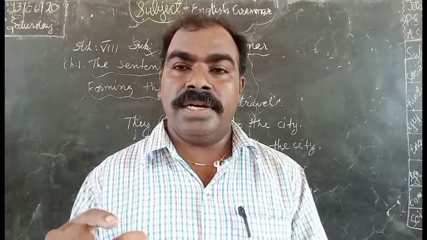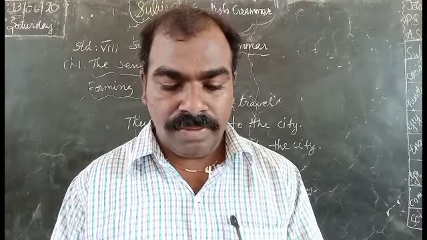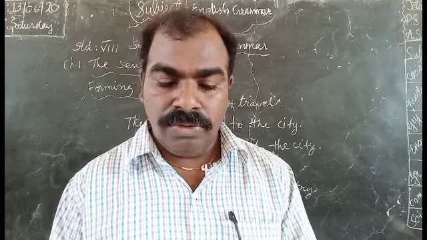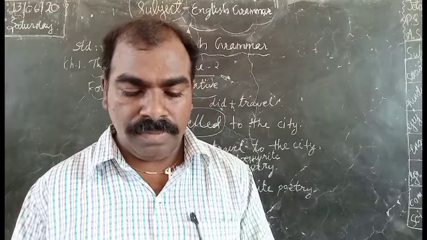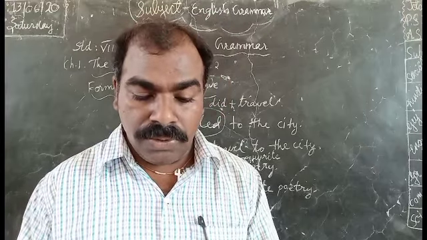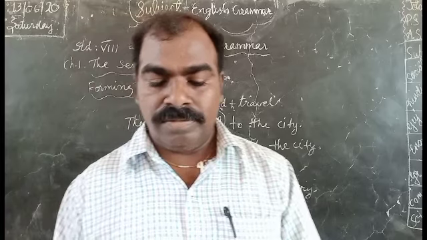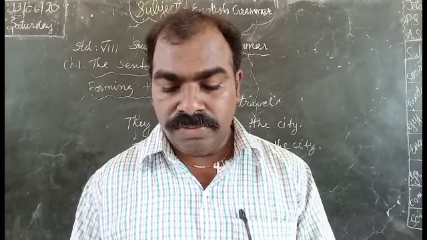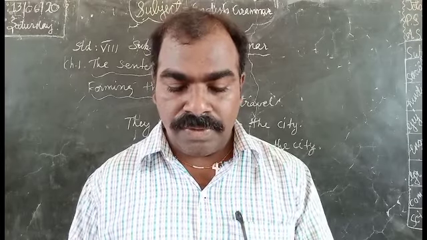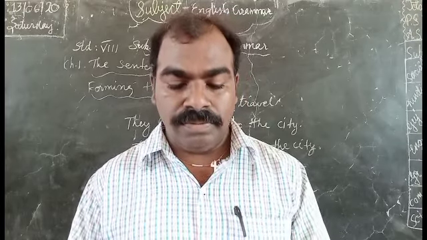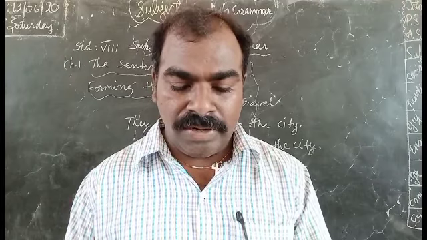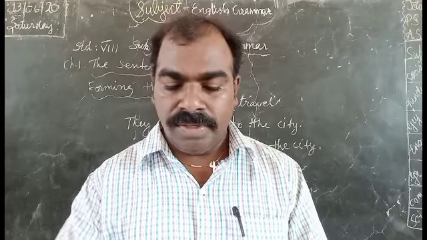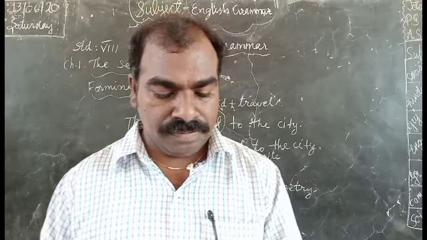To make an interrogative sentence negative: Do you like sports? Don't you like sports? Or do you not like sports? Either we can write. Were they waiting for you? Weren't they waiting for you? Or were they not waiting for you? Either you can write in short form or in full form.